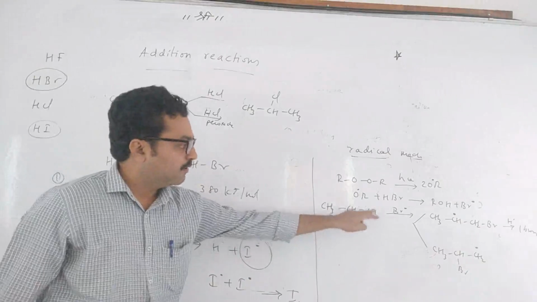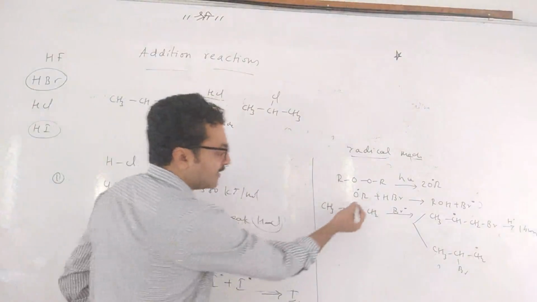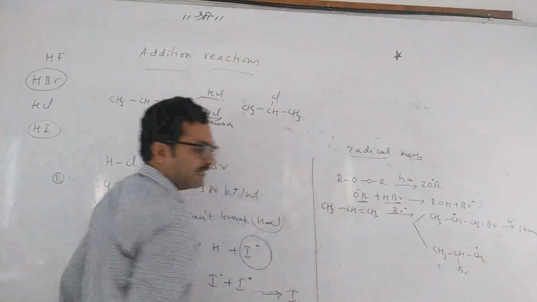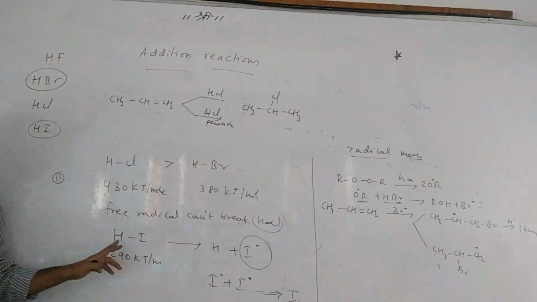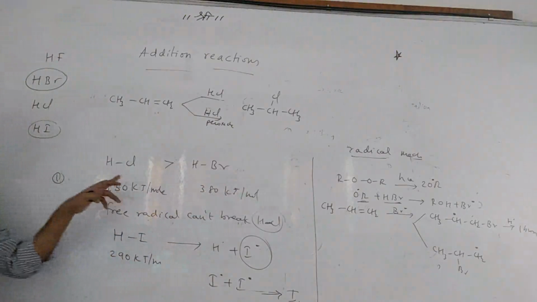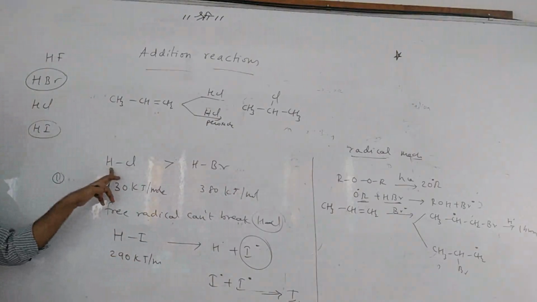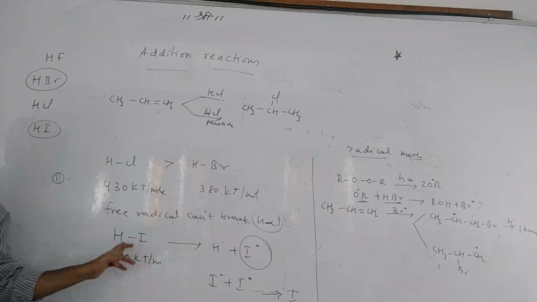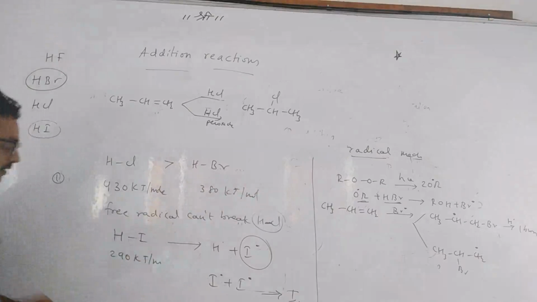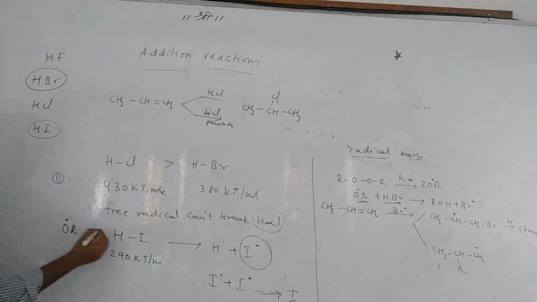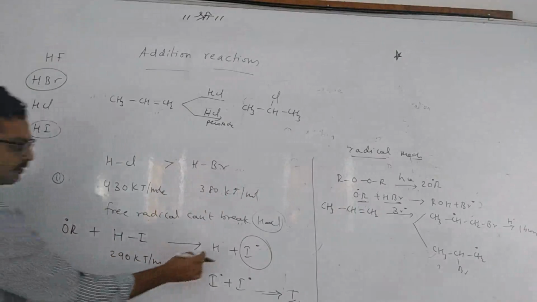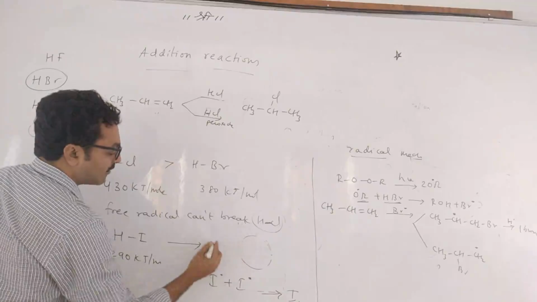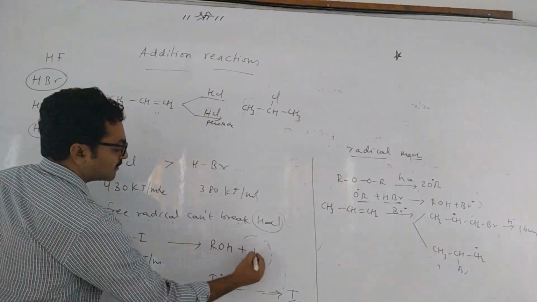Now this step, the OR radical is breaking the HBr bond. So here that free radical cannot break HCl, that is what I am saying. And that free radical can break the HI bond. This OR radical can break the HI bond, and it can also form ROH plus I dot.